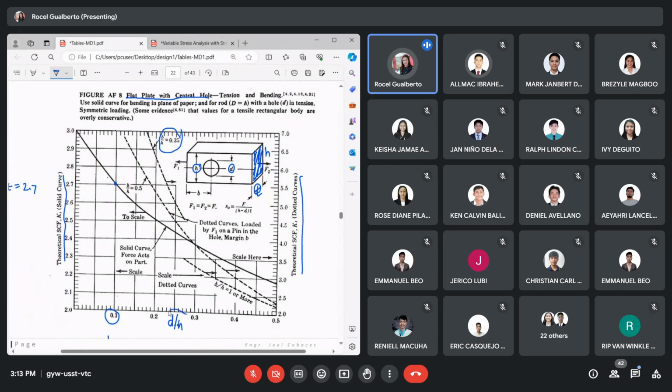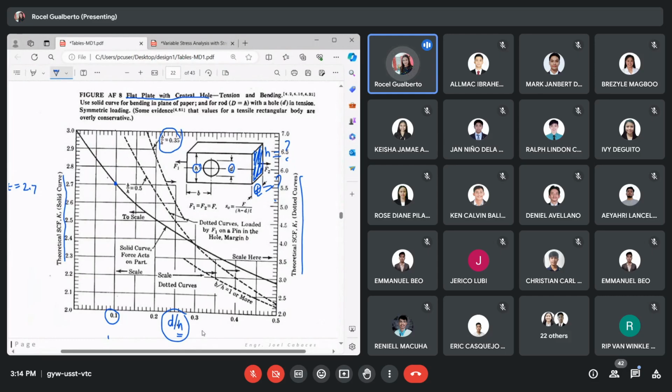This ratio involves h, the height of the flat plate, which is a dimension of your flat plate. It is possible that the height is the unknown, or that the thickness is the unknown. So if h is unknown, we cannot get a ratio because you have no value of h. So how will you choose here? That becomes the problem, because the height is unknown, so you have no ratio to get the value of Kt, the stress concentration factor.